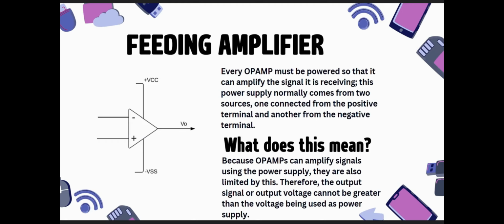What does this mean? Because op-amps amplify signals using the power supply, they are also limited by it. Therefore, the output voltage cannot be greater than the voltage being used as power supply.